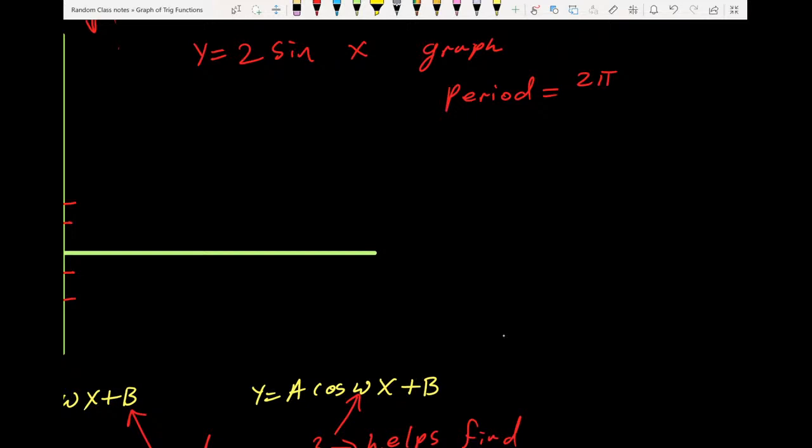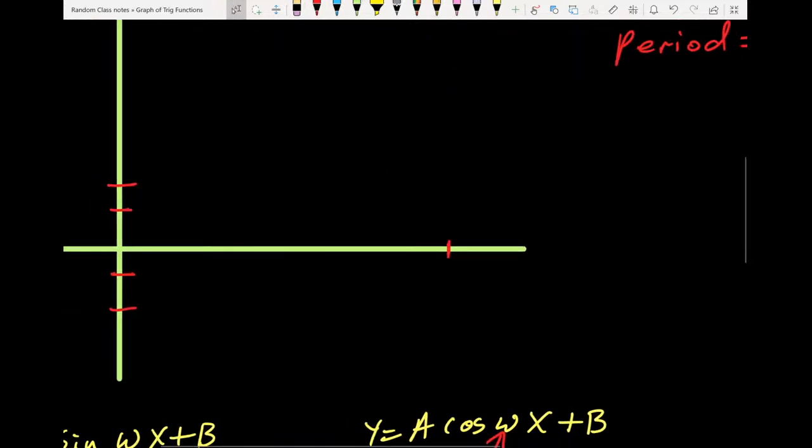Oh, let me make this more interesting. 3. Better? So what is it? 2 pi over what? Al? What's the period? Good. We got this? Have I lost anybody yet? We got 2 pi over 3, right? Good so far?